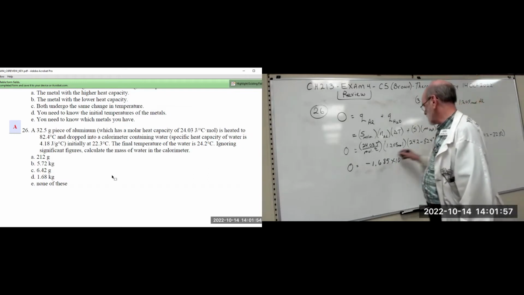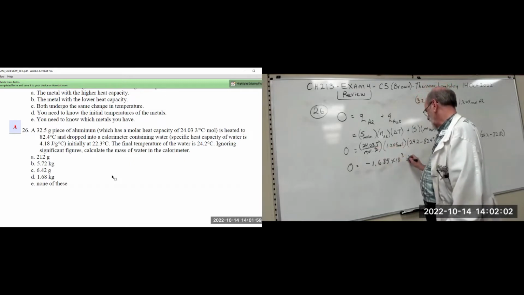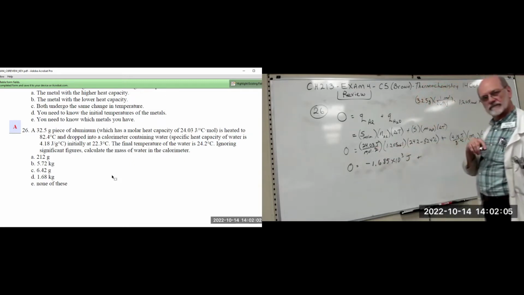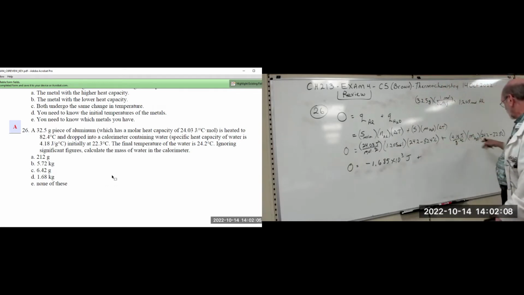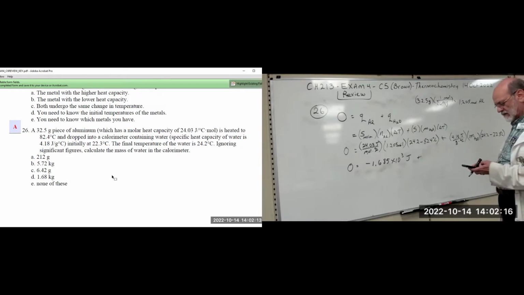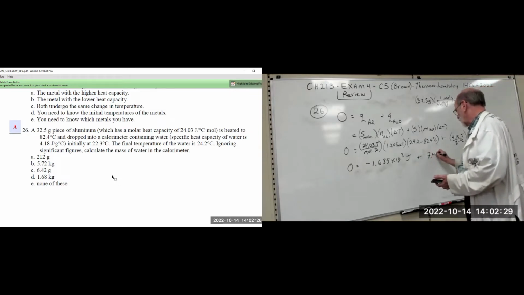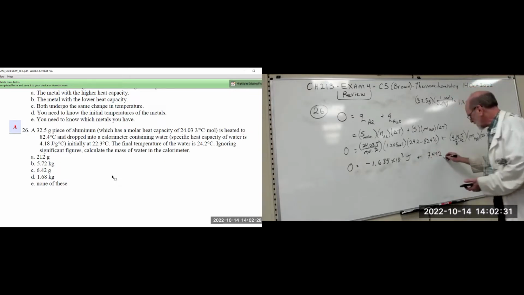The degrees C canceled, the moles canceled, so that value is in joules. This one, we have a value over here: 24.2 minus 22.3 is 1.9, right? Times 4.18 is 7.492. 7.492 times the mass of the water.